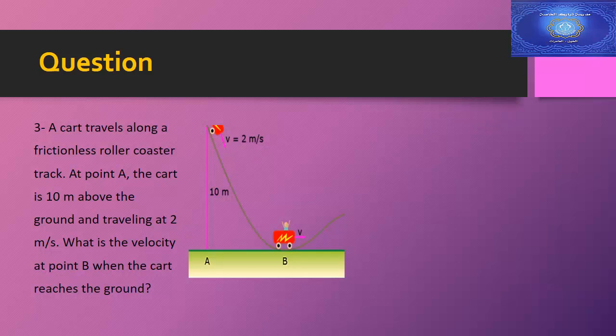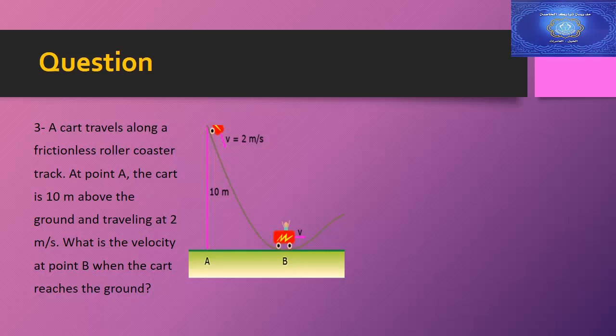Now we are going to solve these questions that are related to conservation law of energy. A car travels along a frictionless roller coaster track. At point A, the cart is at 10 meters above the ground and traveling at 2 meters per second speed. What is the velocity at point B when the cart reaches the ground?